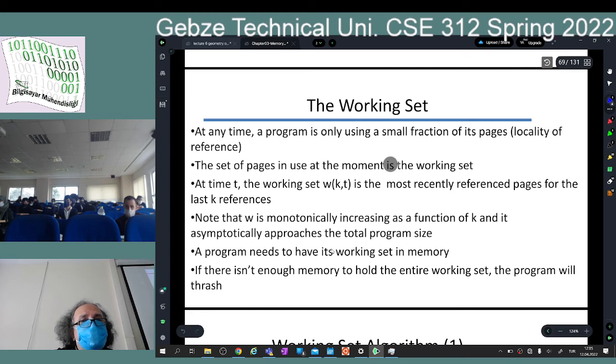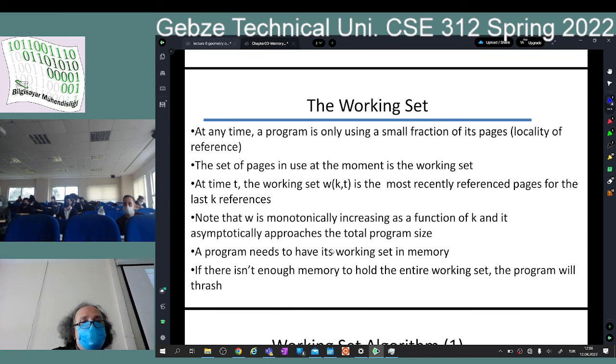And starting from this idea, I write this special function, the working set function, W(t, K). At time t, the working set W is the most recently referenced pages for the last K references. For the last 100 references, how many pages did I use at time t?